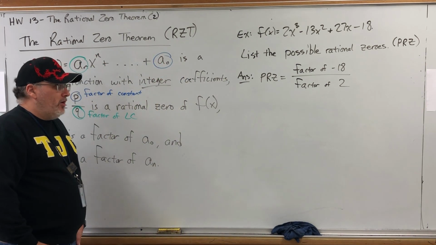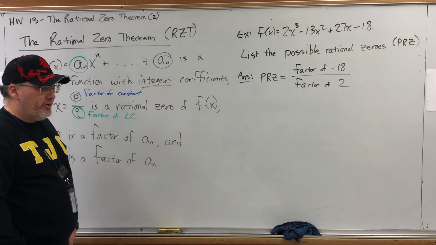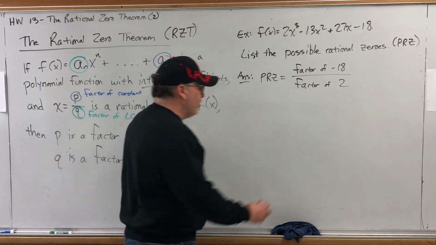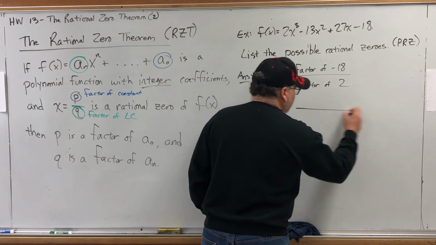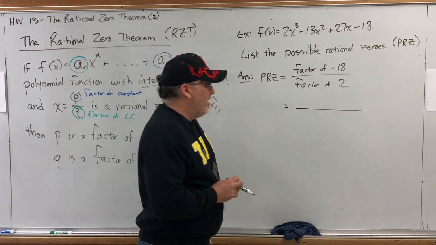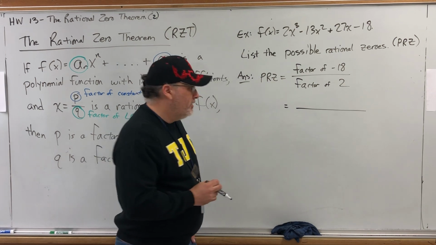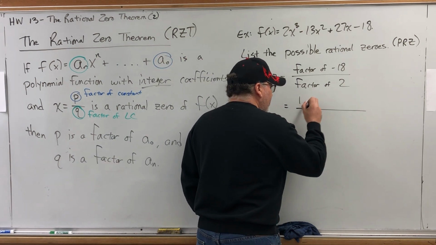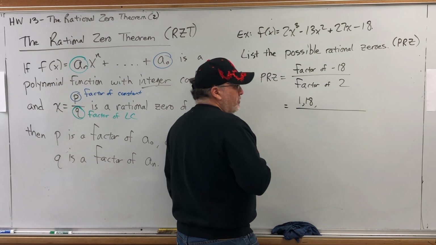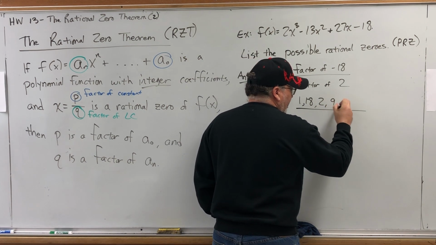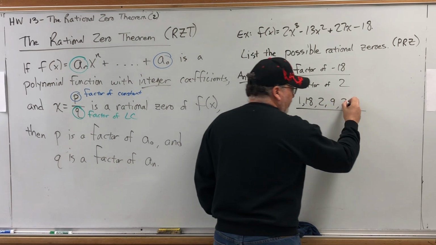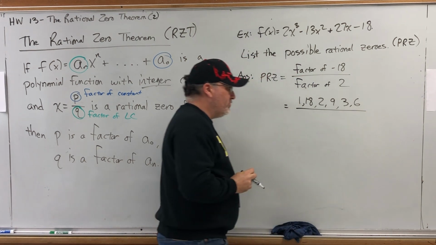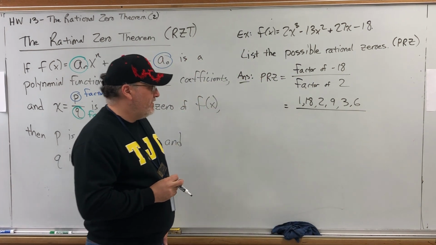So let's list all the possible factors in the numerator and all the possible factors in the denominator. So what can you multiply by to get 18? Well, you can do 1 times 18. You can do 2 times 9, or you could do 3 times 6. Those are our only possible factors of 18.